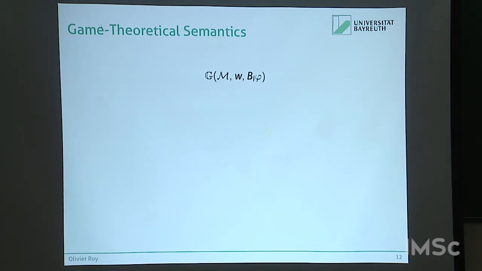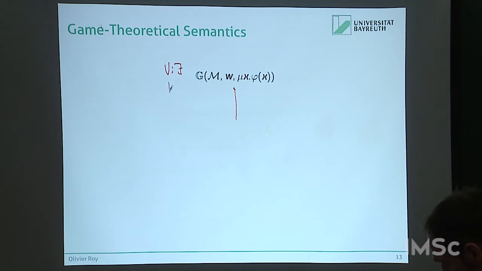But we don't have much time, so I'll show you an example in a minute. I want to show you this one, which is the nicest one. So what do you do when you hit a mu formula? Well, nothing for now. So suppose we're here, we have Eloise and Abelard.